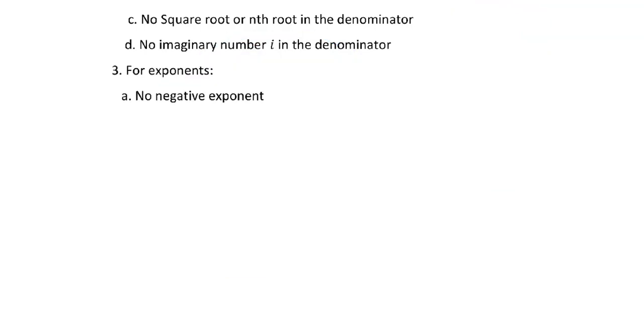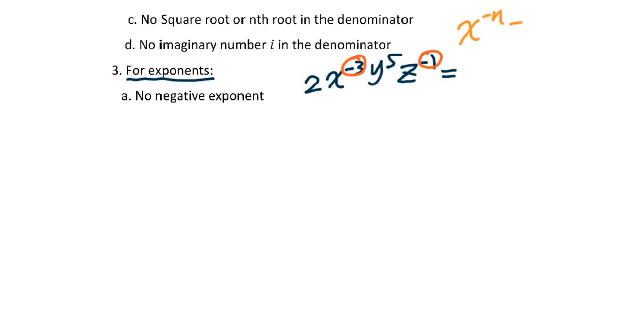Then for the exponents in the final answer, there is a rule: no negative exponents. If your answer has 2x to the negative third power, y to the fifth power, z to the negative first power, then you have to change the negative exponents into positive by doing x to the negative nth power equals 1 over x to the nth.